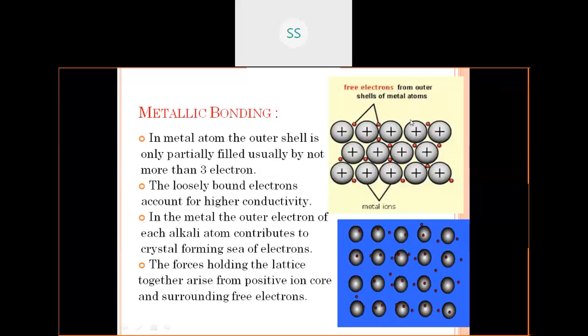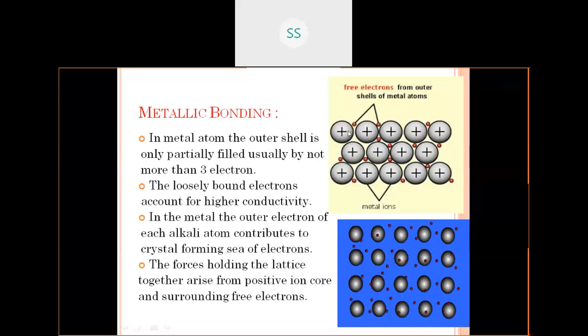So in metallic bonding, the feature is that the outermost shell is not completely filled. If it is completely filled, then it will start acting like NaCl, and its behavior will be like an insulator only. But in metals, the outermost orbit is only partially filled, because there are no more than 3 electrons in the outermost orbits.